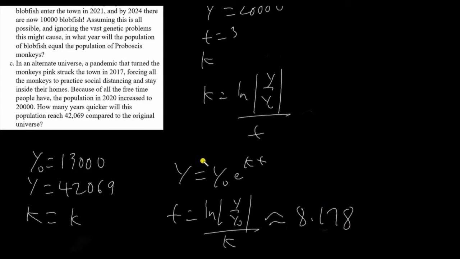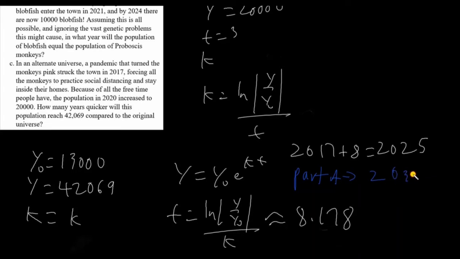So this is years since 2017, because 2017 is our initial population. So since we started in 2017, this occurs in 2017 plus 8, which equals 2025, right? And if you remember from part A, we had 2033.